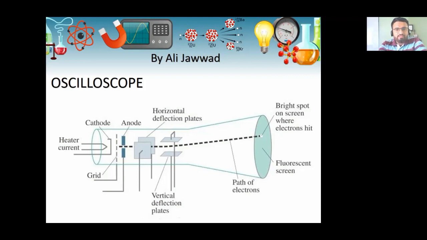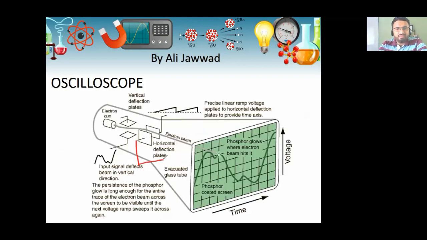On the horizontal deflection plates, we attach a device which increases the voltage each second. Therefore, it creates a time axis along the x-axis.